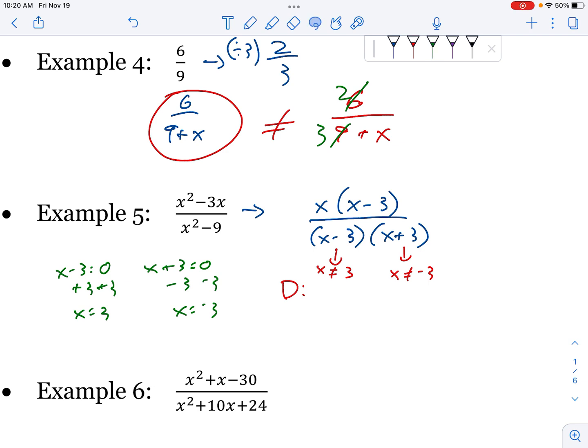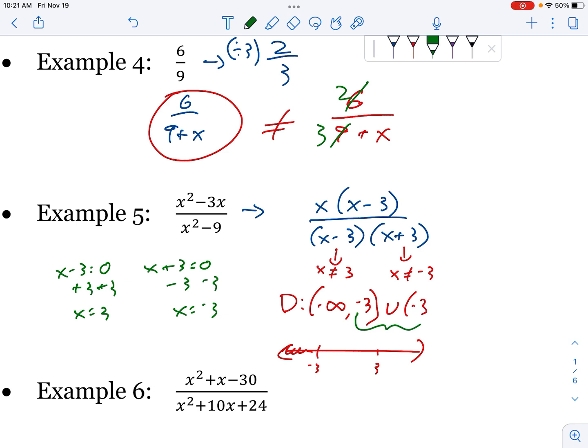Okay, so it's almost like when we were solving these for our test. So now I want to say I go up to the first number that comes on a number line. I go up to negative 3. I skip negative 3. Remember, that means skip negative 3.